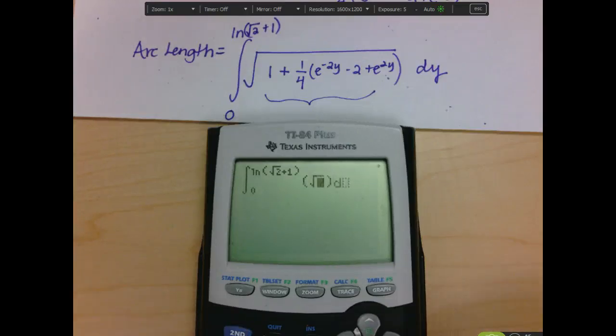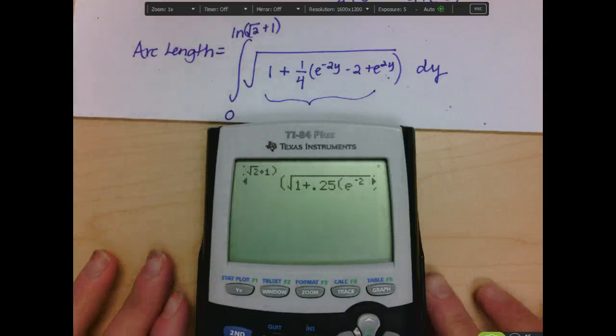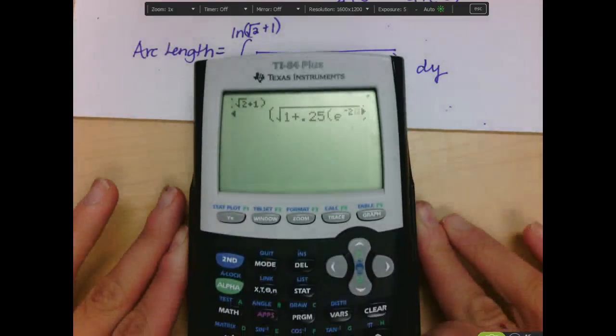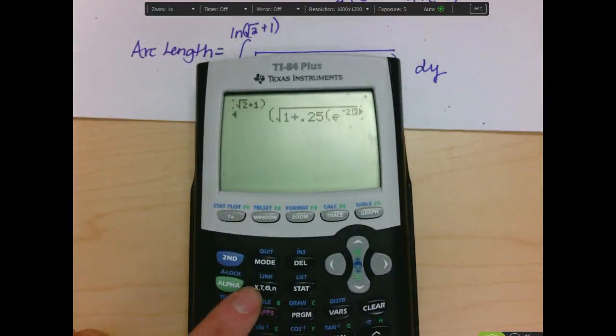The first thing I need is the square root of 1 plus 1/4. The easiest way to enter that is 0.25 of e to the negative 2y. Now the problem is that in terms of variable options on your calculator, here's where you get your variables, and x is the only option.